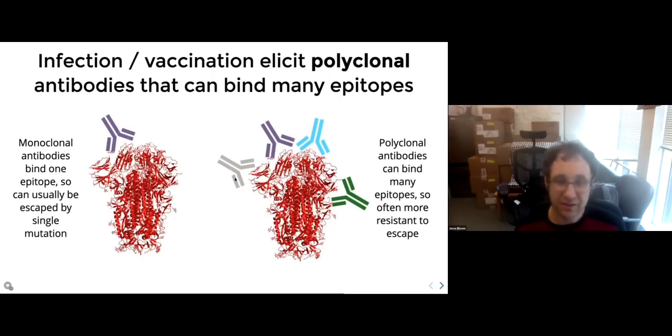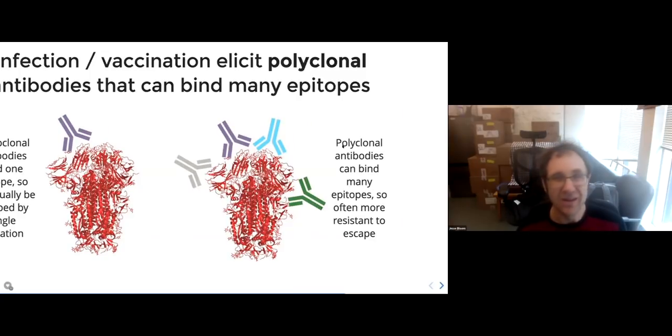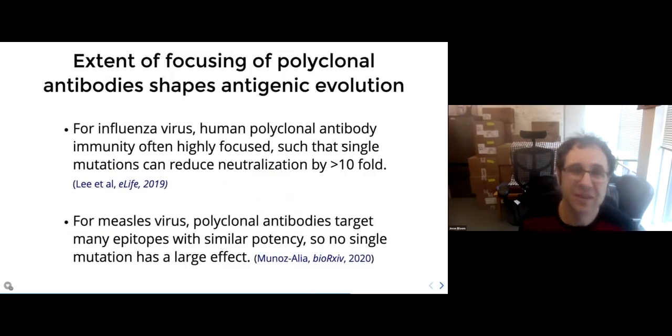Importantly, the functional diversity of the polyclonal antibody response is only in principle. The immune response can target many different epitopes, but there's no fundamental law of immunology that says that a whole bunch of the antibodies can't end up binding to the same epitope. And in fact, we know that the extent of focusing of polyclonal antibodies is probably an important factor in shaping viral antigenic evolution.